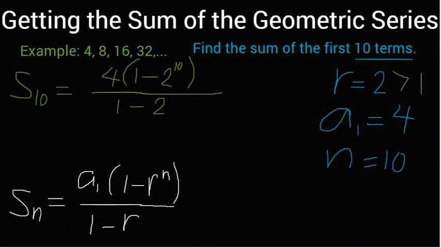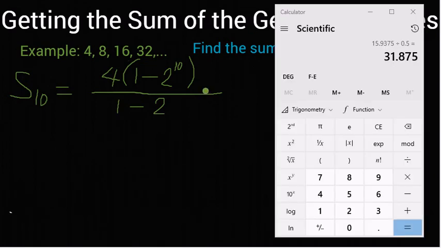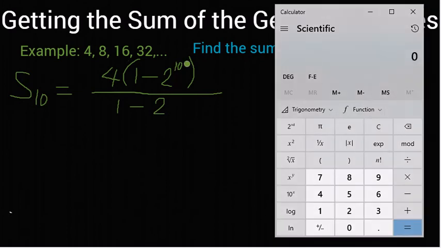So let's erase this first. Let's work on the exponent first, using the calculator. 2 raised to the power of 10 is 1024.